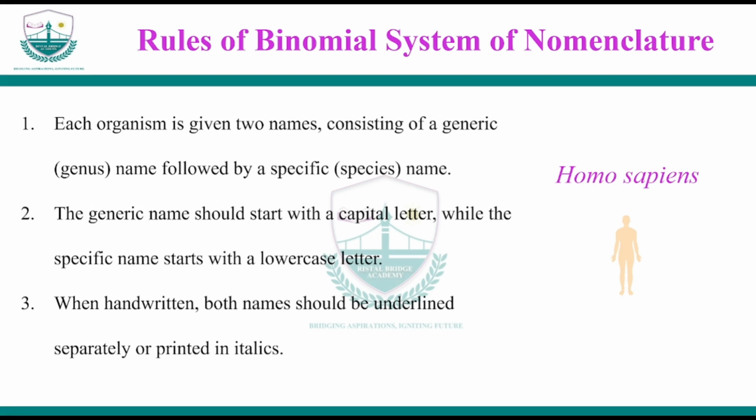However, that underlining should be separate for each name. That means it should not be a continuous line. You underline one name and then you also underline the second name separately. That's very important.